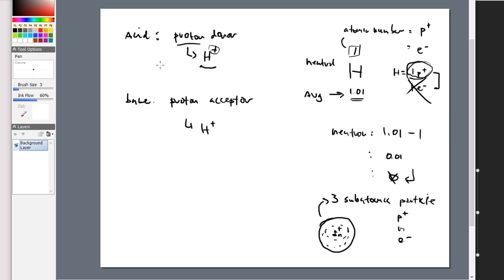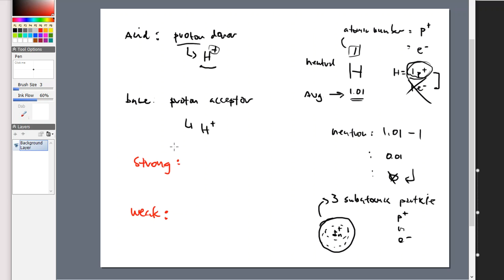Now, that's one set of definitions for an acid and base. There are others. And something else that I need you to be aware of is this definition of what we would call strong and what we would call weak. So we have strong acids and strong bases, and we have weak acids and weak bases.